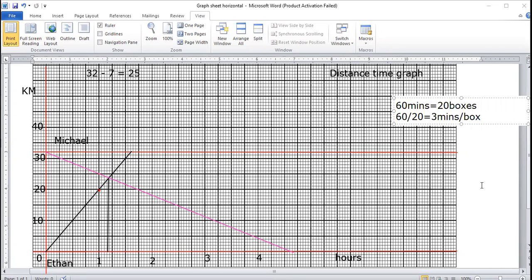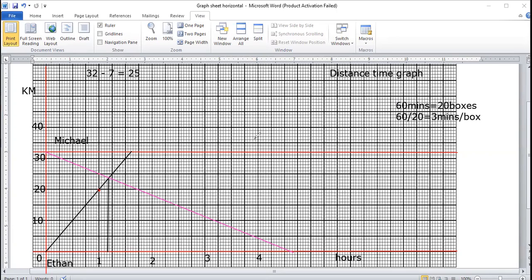Okay. So now I'm going to do the working. After 1 hour, one box means 3 minutes. Another 3 minutes means 6 minutes. Another 3 minutes means 9 minutes. And then almost at half.